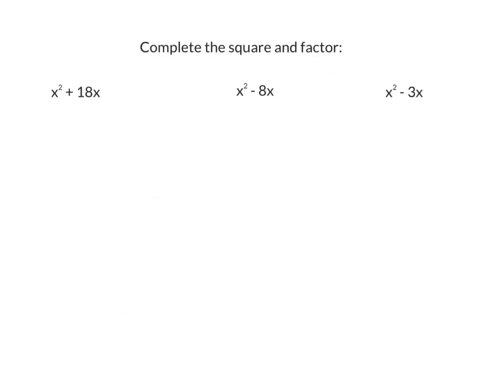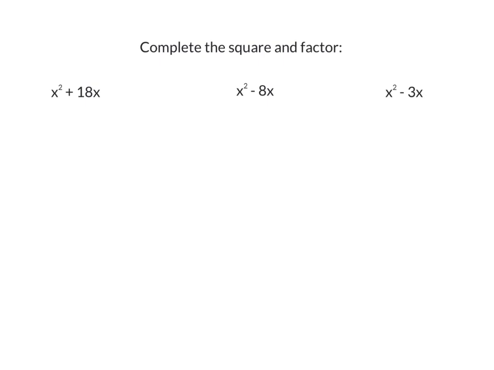Before we wrap up our lesson on completing the square and factoring, let's look at a few examples without building out our area model. Remember, we said we were going to take our coefficient in front of the x term and half it and then square it to figure out what we need to add.